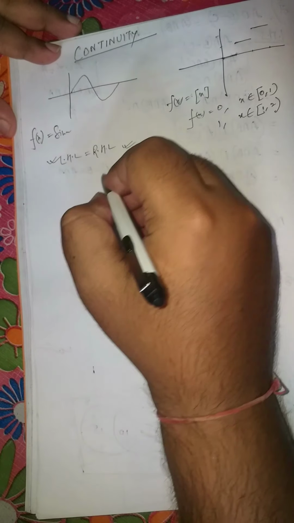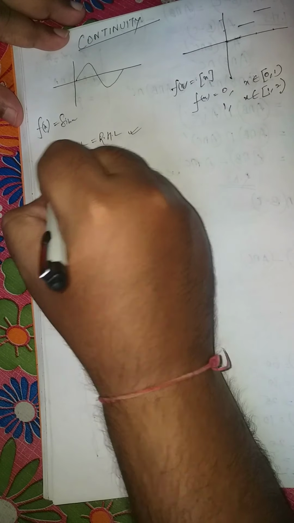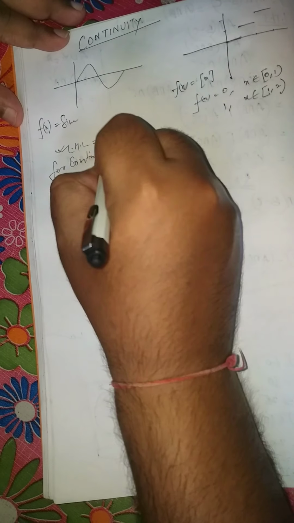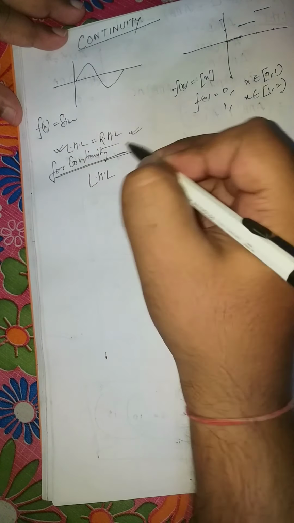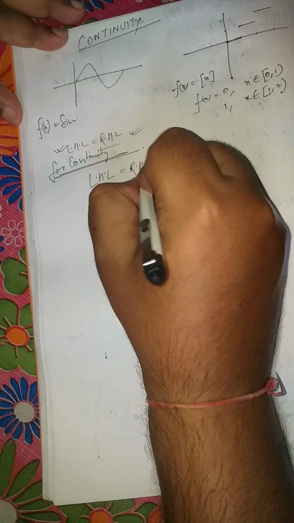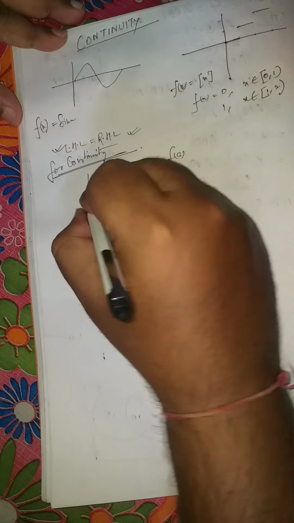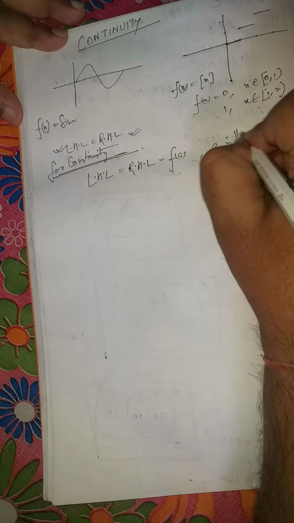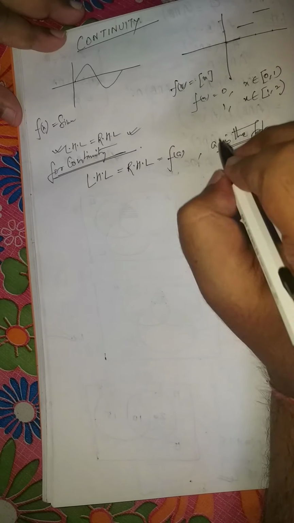For continuity, the main funda to find whether the given function is continuous or not: you have to check LHL equals RHL equals f(a). Here a is the point where you have to check whether the function is continuous or not.